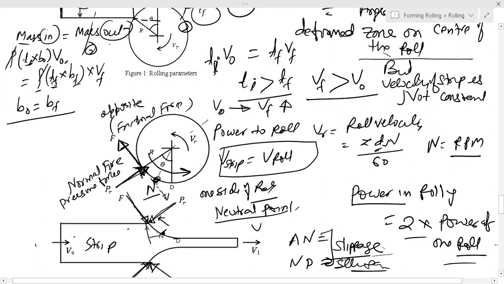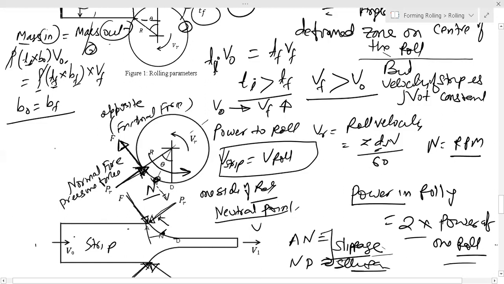That is a different part. But it is seen from the analysis that there is a point where velocity of roll is equal to velocity of strip, that we call neutral point. Before that neutral point, velocity of roll is higher than velocity of strip. And after the neutral point, velocity of strip is higher than velocity of roll.